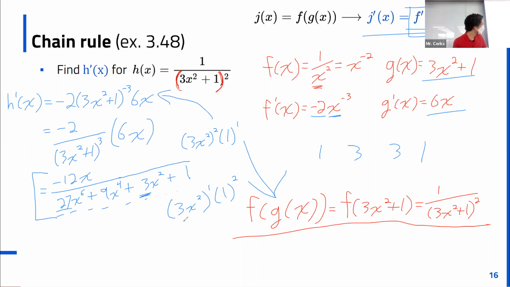Sorry, coefficients here. Yes, you're right. There we go, I was forgetting about the coefficients. Okay, so that one is also 27, and this one is 9, and that's 1. I think that's right. Might have made a mistake there, but again, that's not the key part.